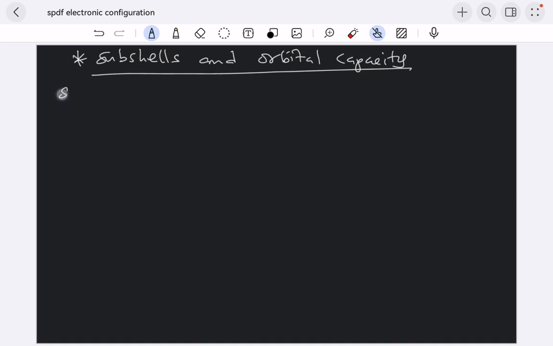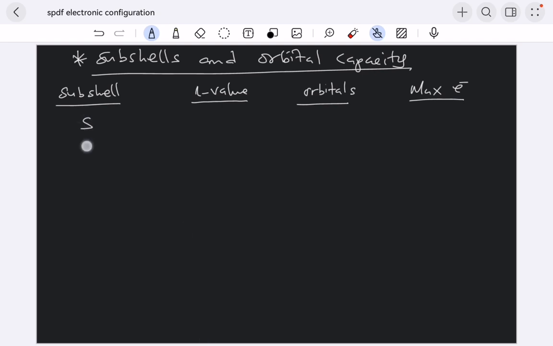So what this entails is that we need to understand the subshell, the L value, the number of orbitals, and then the maximum number of electrons that can be occupied by each respective orbital. So we have the S, we have the P, we have the D, we have the F. For now, we'll end on F.